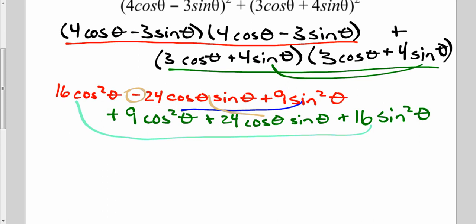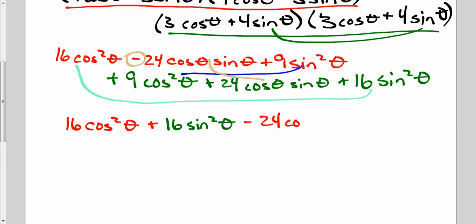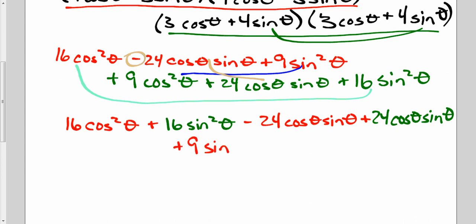So then I get, and I'll keep the colors just to make sure, 16 cosine squared theta plus 16 sine squared theta minus 24 cosine theta sine theta plus 24 cosine theta sine theta plus 9 sine squared theta plus 9 cosine squared theta.